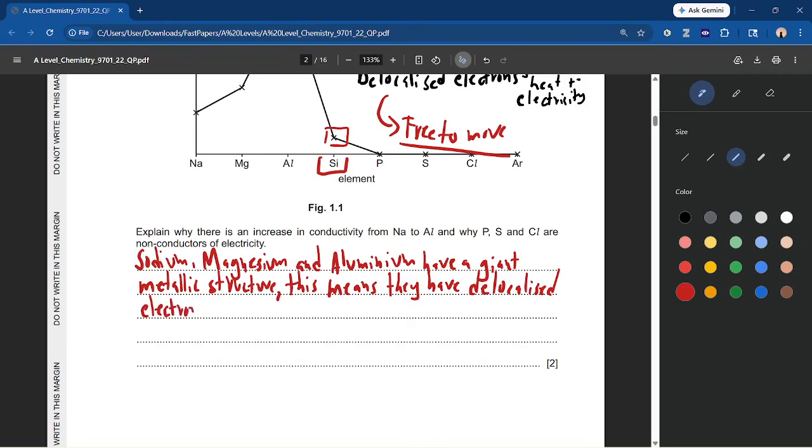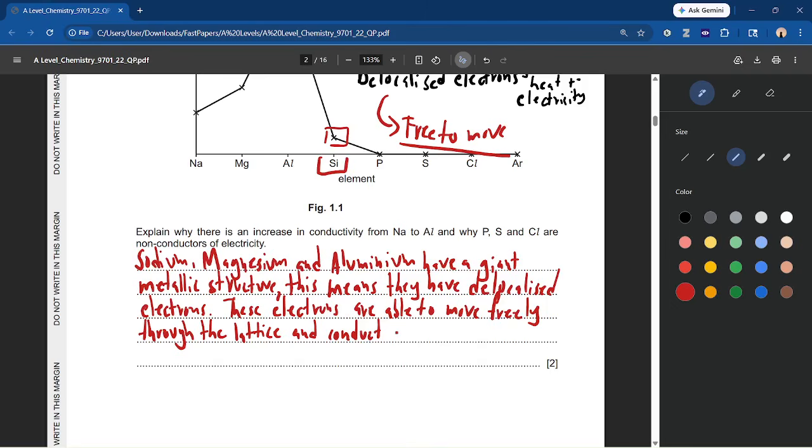And because they have delocalized electrons, these electrons are able to move about freely through the lattice and conduct electricity, conduct charges, and therefore conduct electricity.